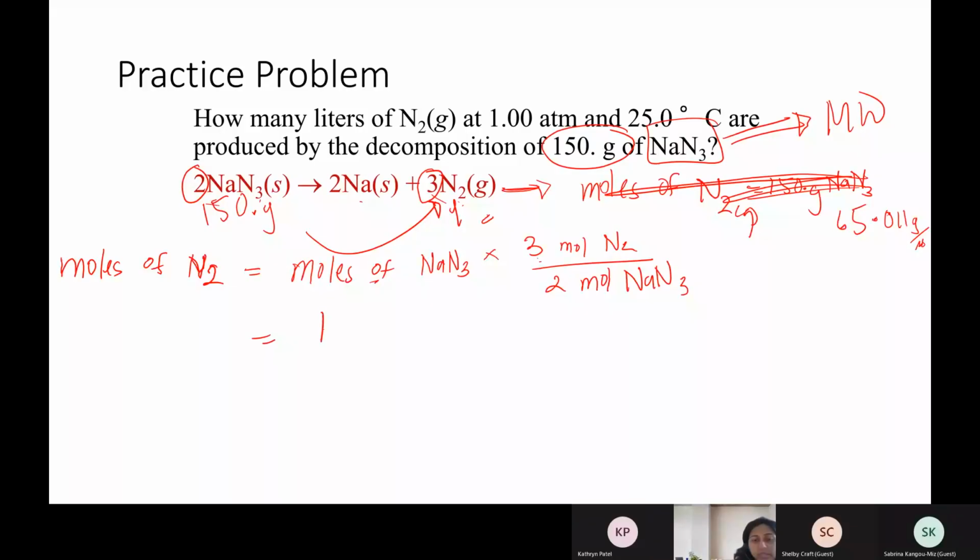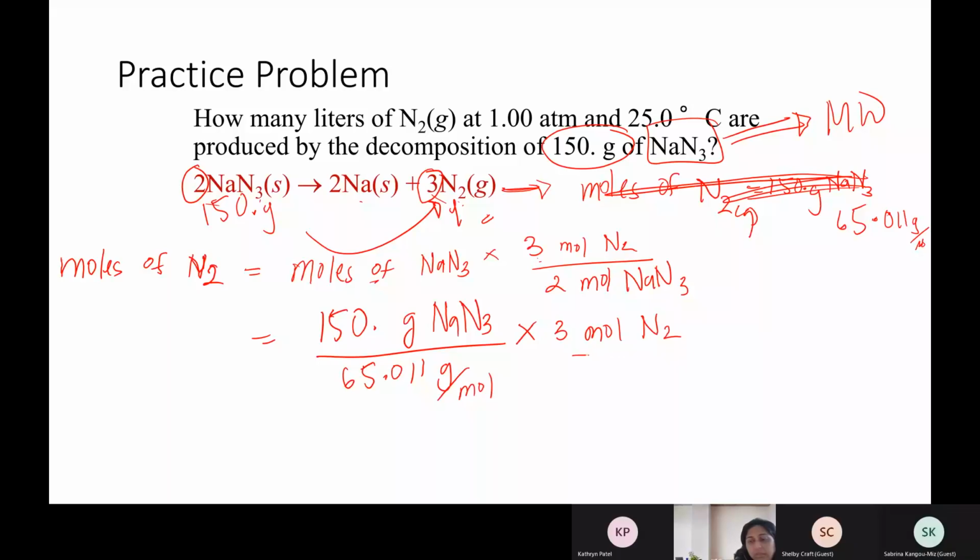So we divide the grams of NaN3 by the molar mass, 65.011 grams per mole, times 3 moles of N2 divided by 2 moles of NaN3.